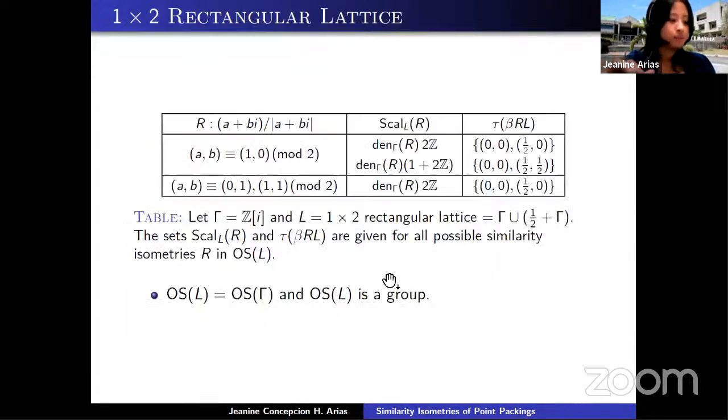So let's begin with the 1 by 2 rectangular lattice, which may be viewed as a point packing generated by the square lattice Zi. So it's the union of the square lattice and this shifted copy of the square lattice by 1/2.